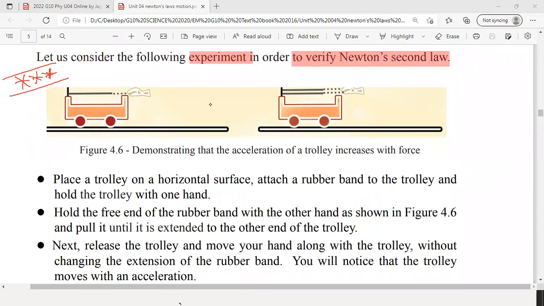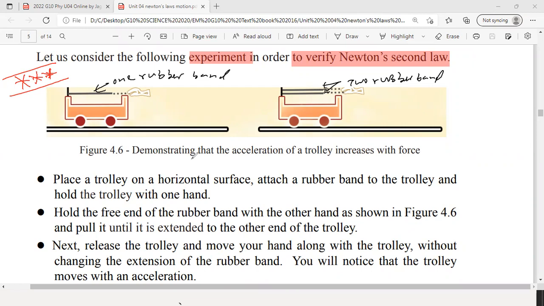So can you all see the screen now? What is this? This is only one rubber band. Here you have two rubber bands. So hold the free end of the rubber band with one hand and the trolley with the other hand, and you have to pull both to the same extent.